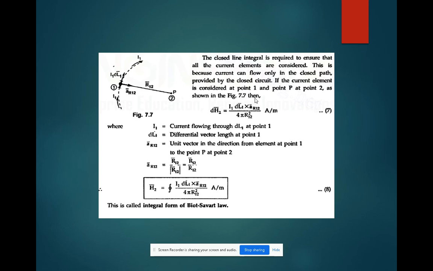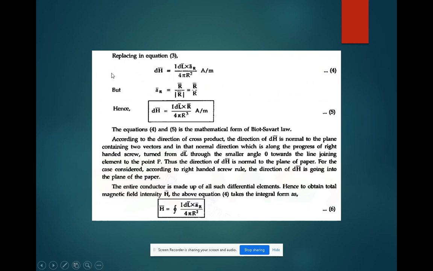If the current element is considered at point 1 and point 2, we consider point 1 and point 2, where point 2 is taken from the point P.